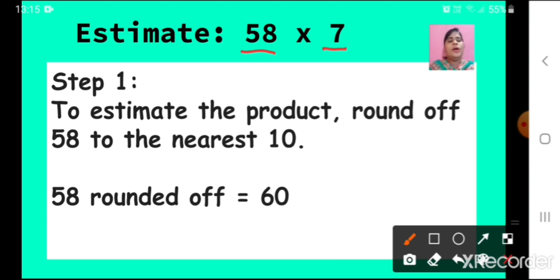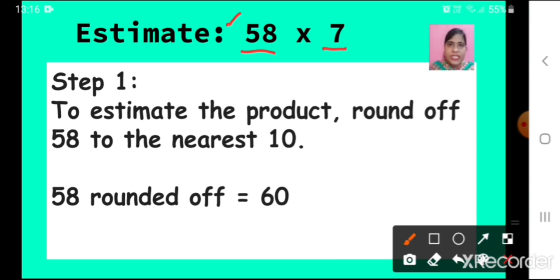Now in your question it will not be given whether you have to round off the numbers to nearest 10, 100 or 1000. You have to figure it out on your own, by looking at the multiplicand. If it is a 2-digit number, then we round off to nearest 10.